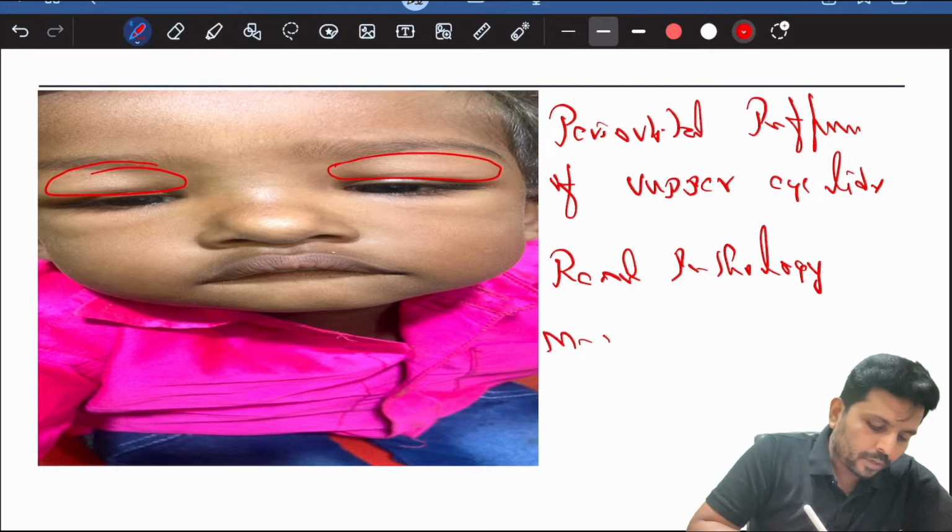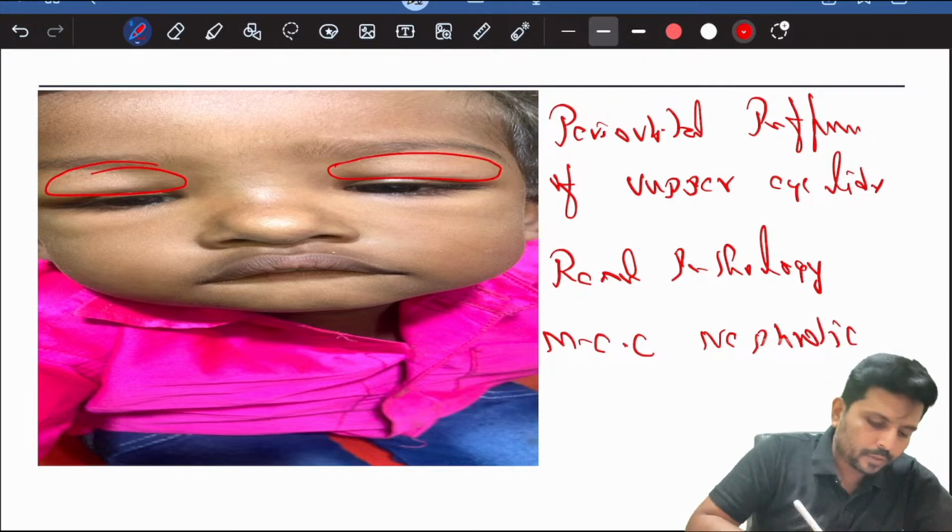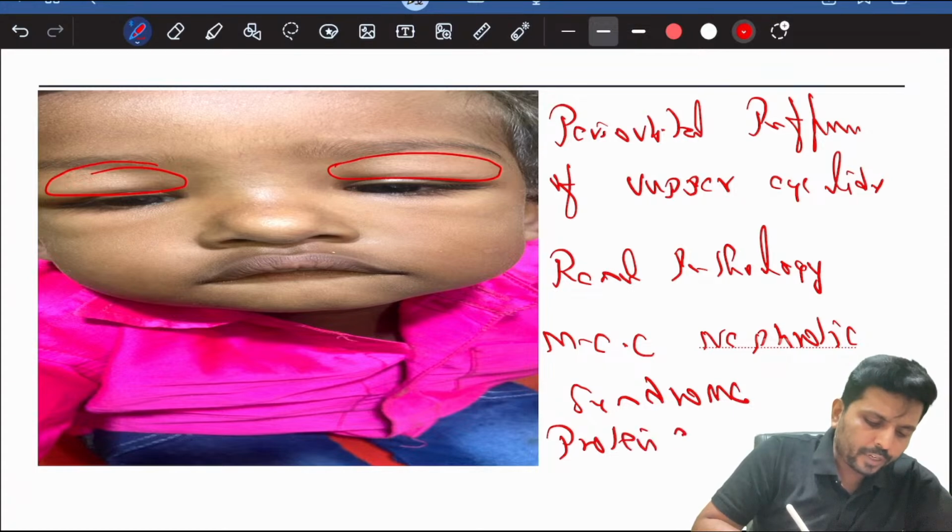The most common cause is nephrotic syndrome, which is characterized by excess protein excretion in urine.